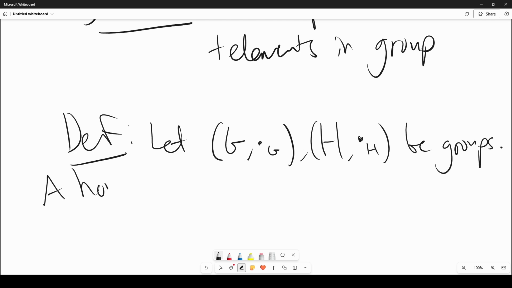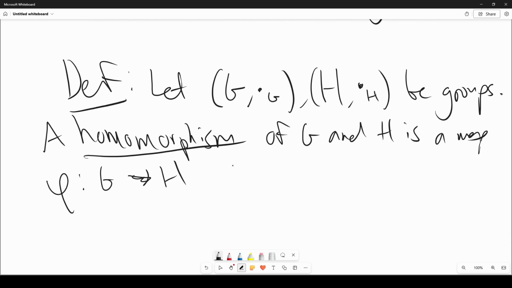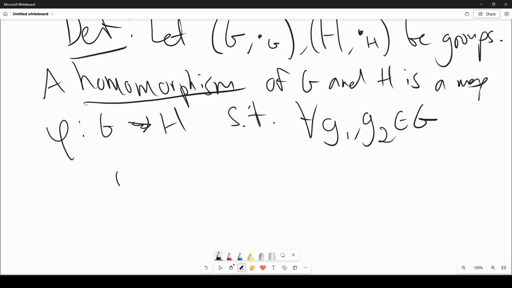A homomorphism, which is a very cool word to say, of G and H is a map, let's call it phi, from G to H, such that for all g1, g2 in G, you just satisfy this one rule.